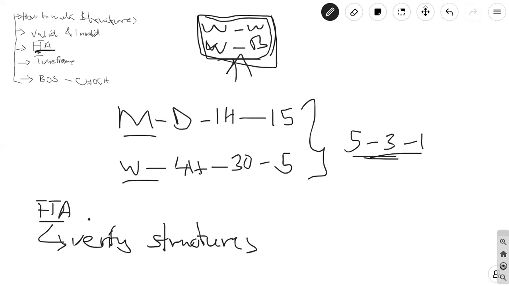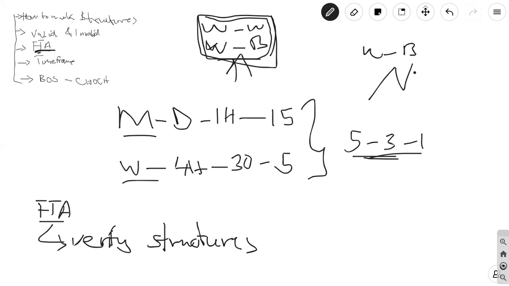Now we know that a valid breakout structure is when we use a wick to body breakout. Okay, good.